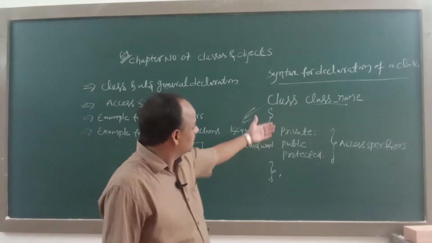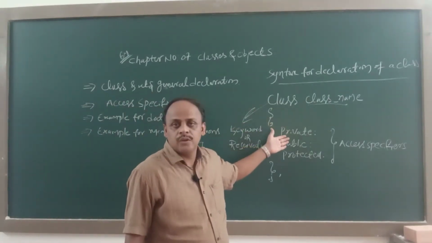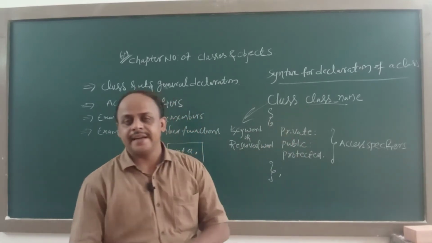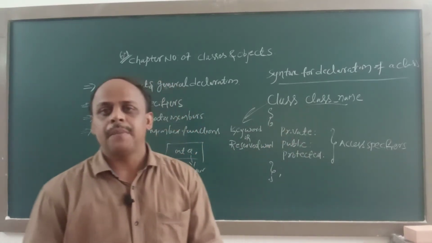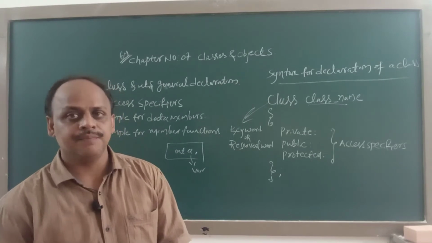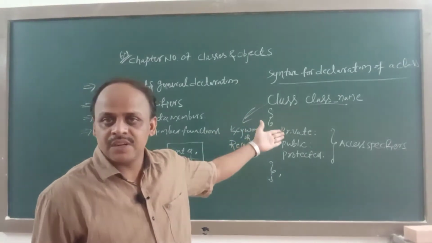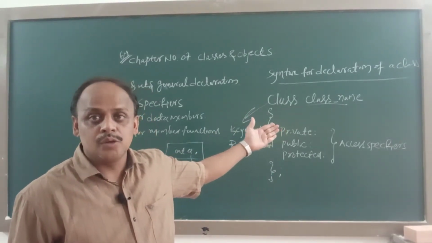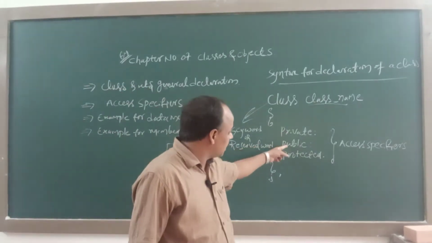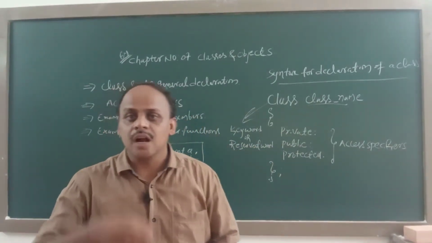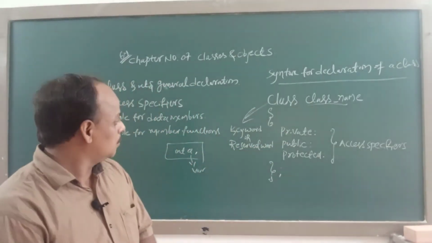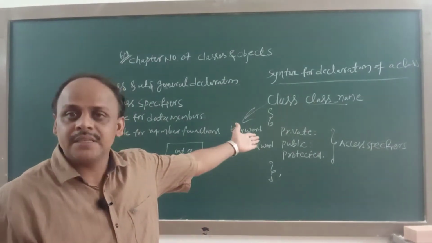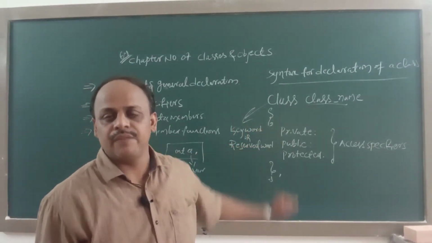In a class we consider data members as well as member functions, so these access specifiers are going to control the flow of data members as well as member functions.